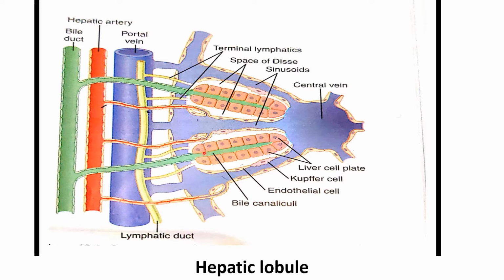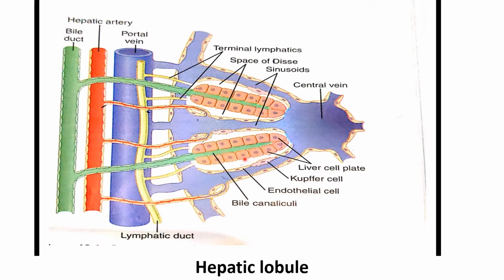And these orange colored cells, what are these? Any guesses? Yes, these are hepatocytes. This green canaliculus is a bile canaliculus, which collects the bile, and then it ultimately comes into the bile duct. This white portion is called the space of Disse.